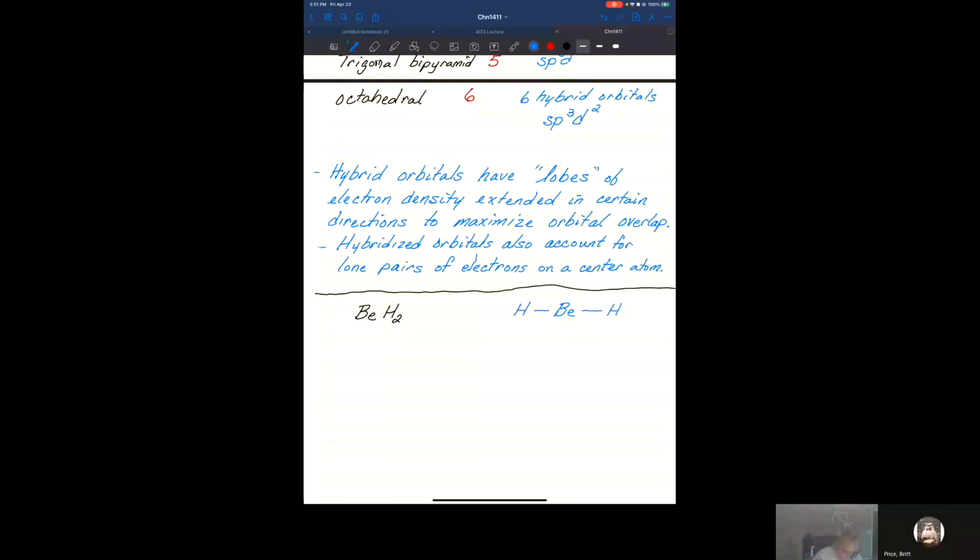We know that BeH2 has 2 electron groups.